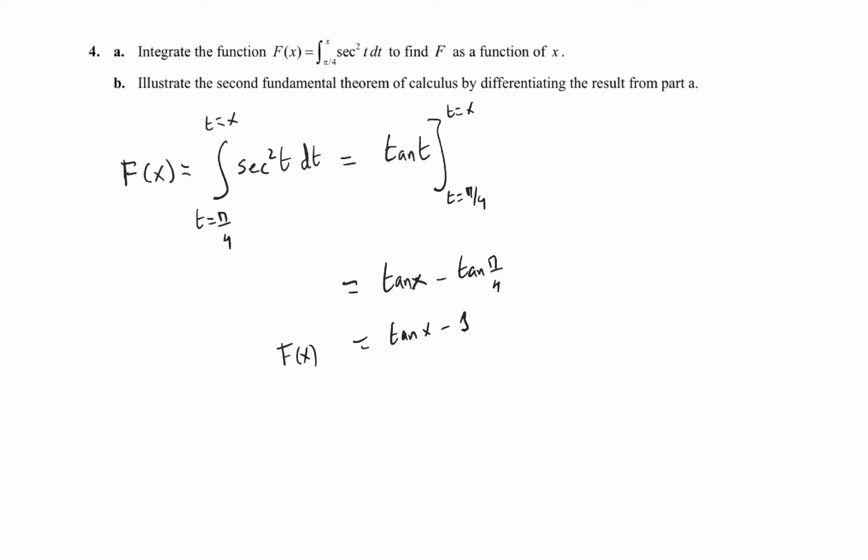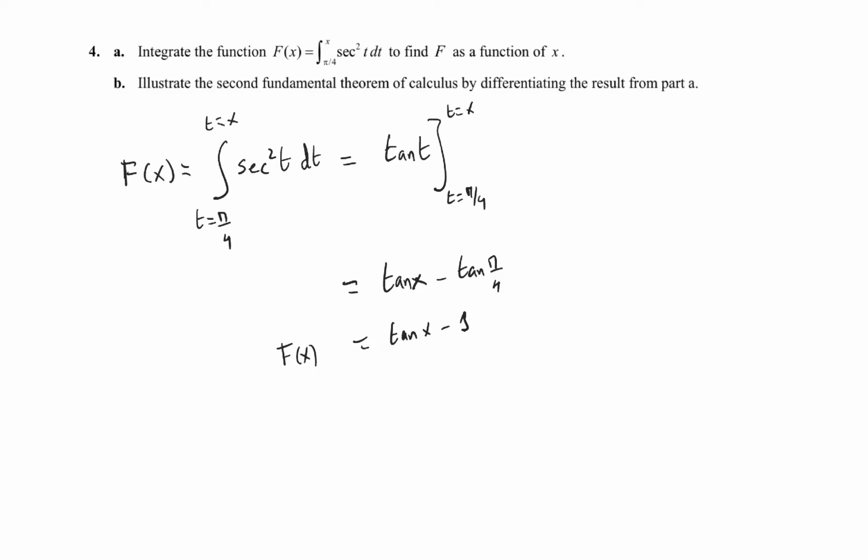So we need to take the integral. The integral of secant squared of t dt is tangent of t. Why? Because the derivative of tangent of t is secant squared of t. So the antiderivative of secant squared of t is tangent of t.